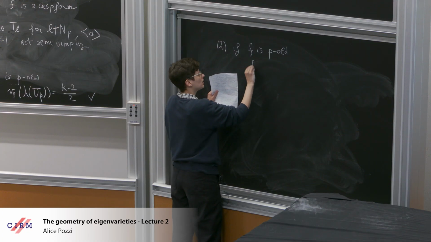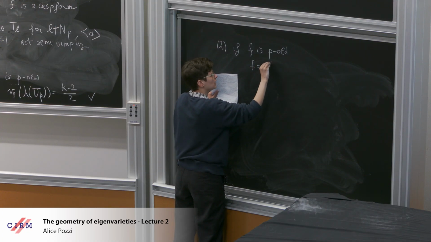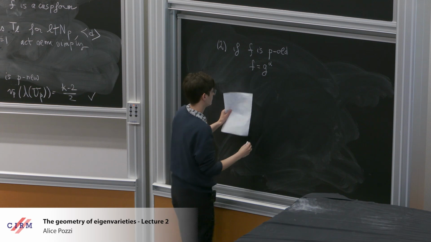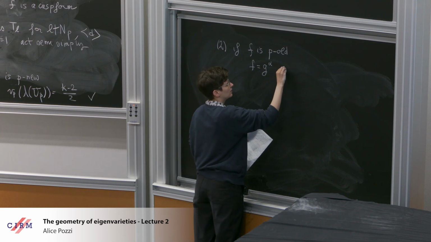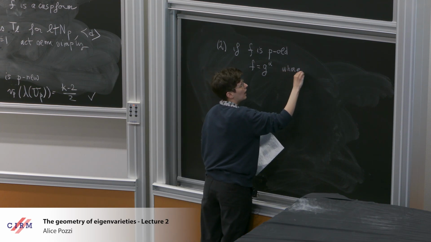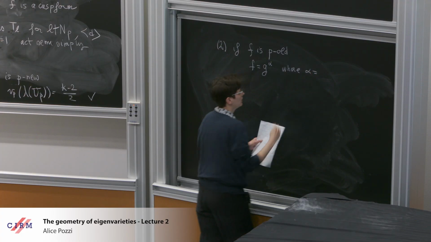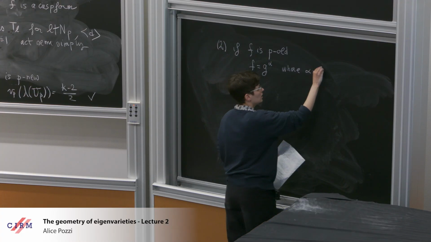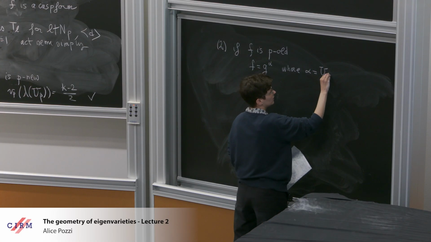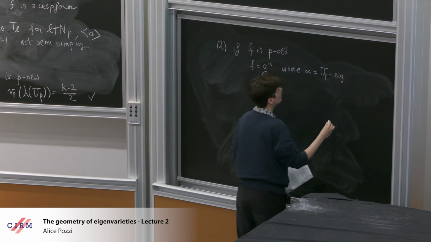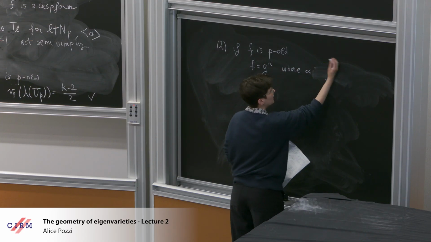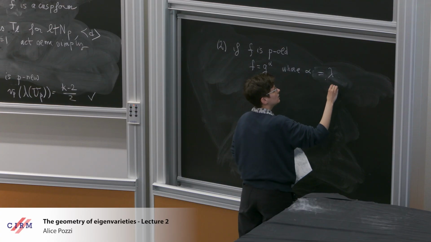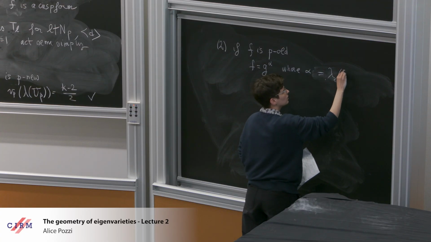F will have to be of the form G alpha, where alpha is the UP eigenvalue. So alpha is lambda x of UP.